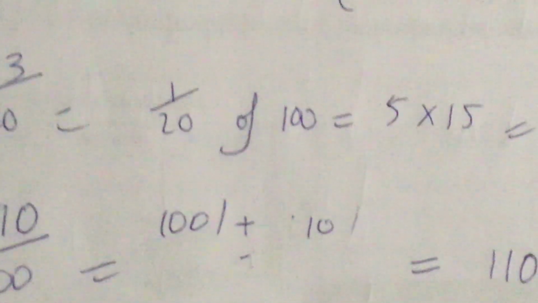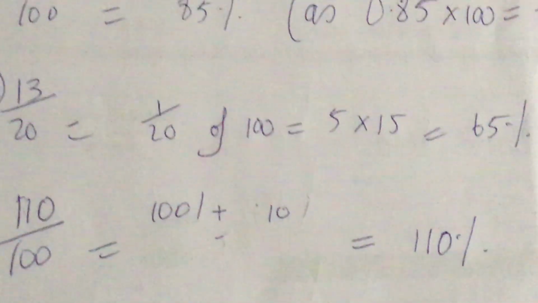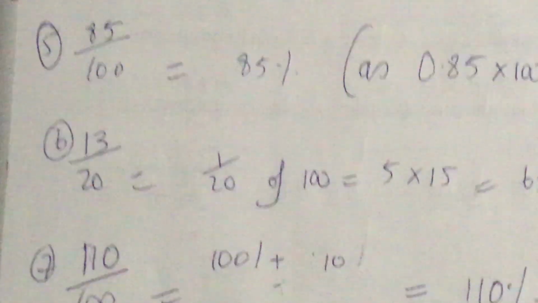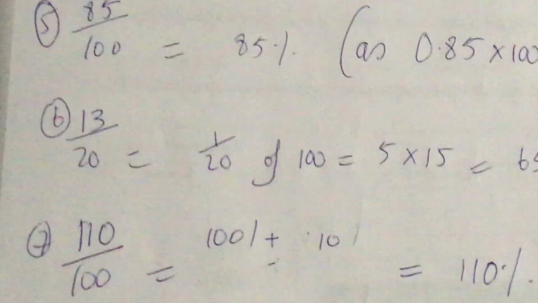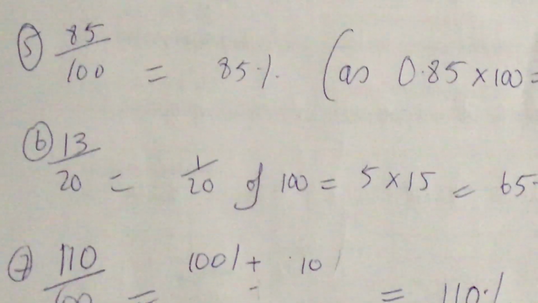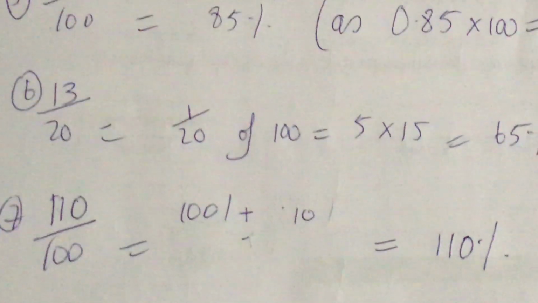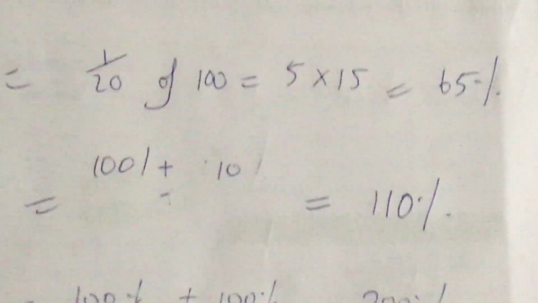So that's 100% plus 10%, which is 110%. Do you understand that? Because it's 100 over 100 plus 10 over 100. So it's 110%. 110 over 100 is 110%. Okay, guys, because it's 1 plus 10 over 100, and 1 is 100%, and 10 over 100 is 10%, so that's 110%.